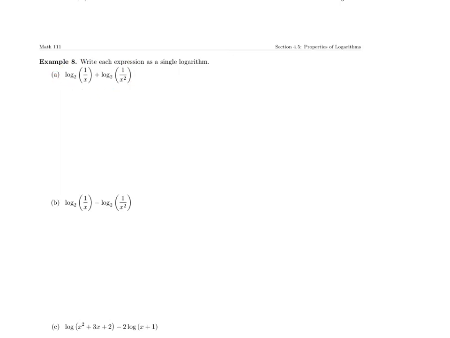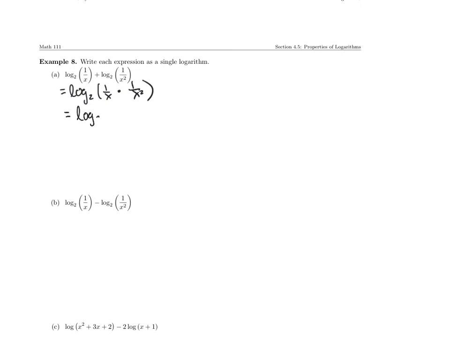So when I take a look at A, log base 2 of 1 over x plus log base 2 of 1 over x squared, I have two logs of the same base being added together. It means that I can multiply their insides. So this will be log base 2 of 1 over x times 1 over x squared. So I'm multiplying fractions. I'm just going to multiply straight across.